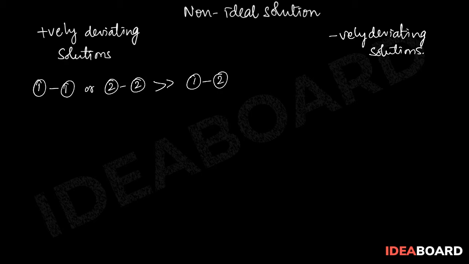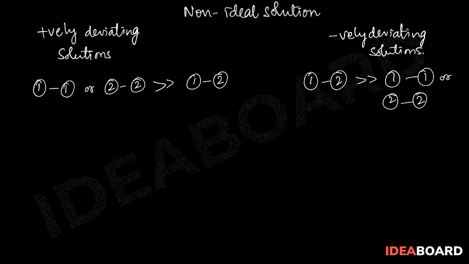Similarly in negatively deviating solution, we have the interaction between solute and solvent, that is 1 and 2, much greater than the interaction between the solvent and the solute among themselves.